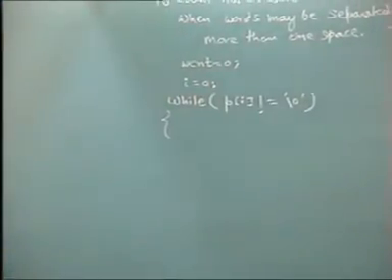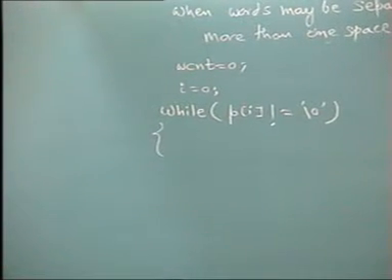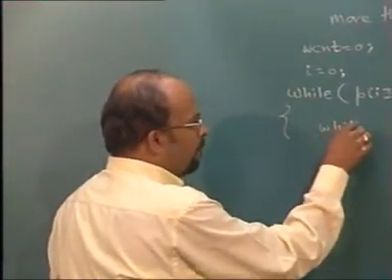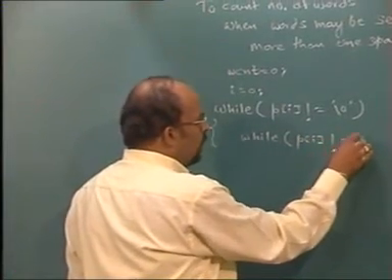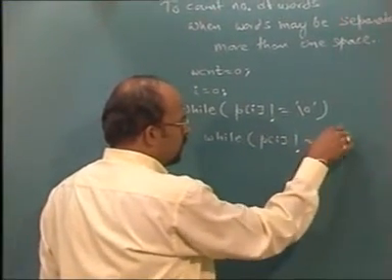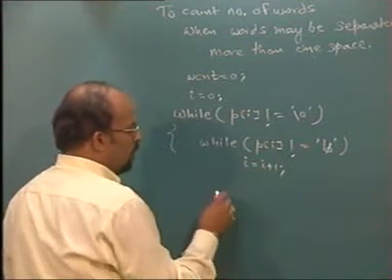Initially, we said that we will have to skip all the non-spaces till we reach a space. That job can be done by saying that while P of I is not equal to space, I equal to I plus 1. What will this do?